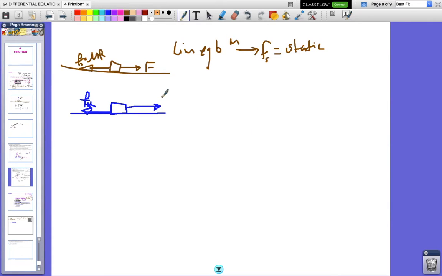The frictional force, Fk, is just a little bit smaller than this Fs here. So it's a little bit smaller than mu R.